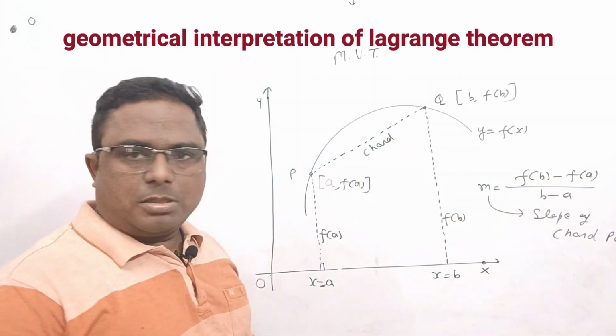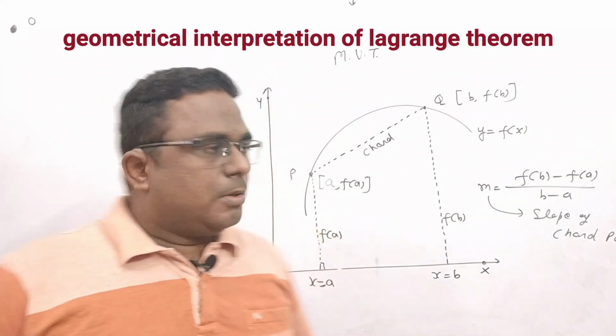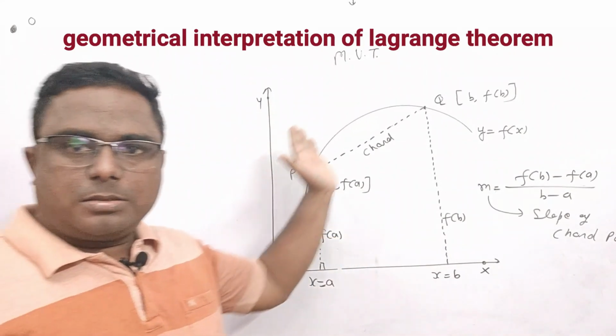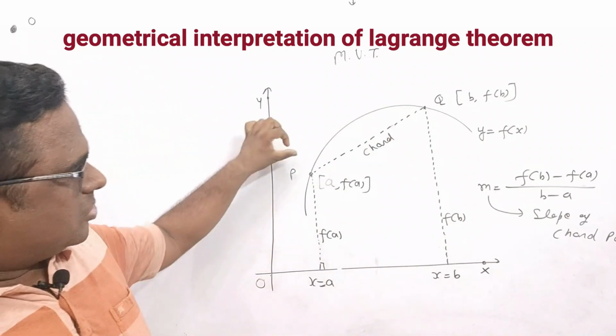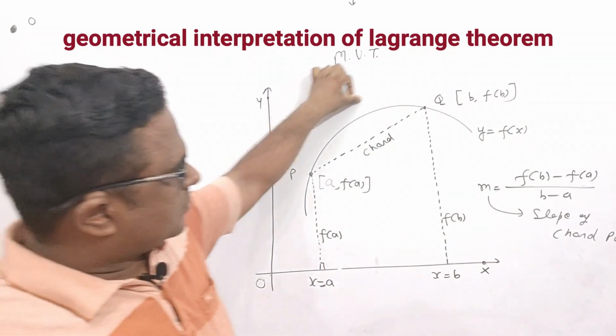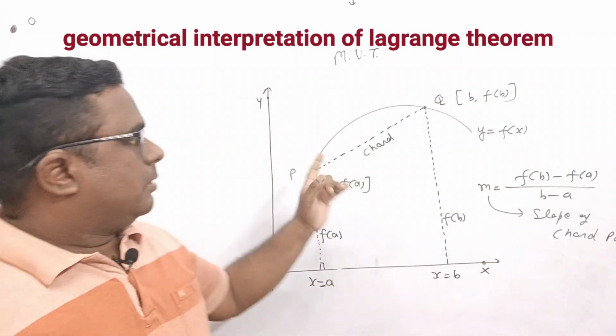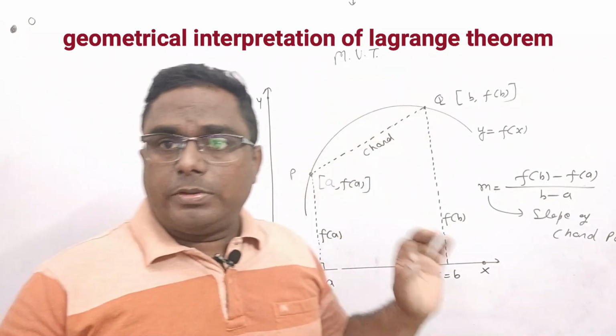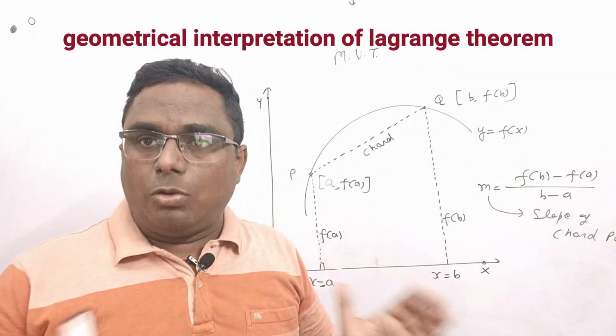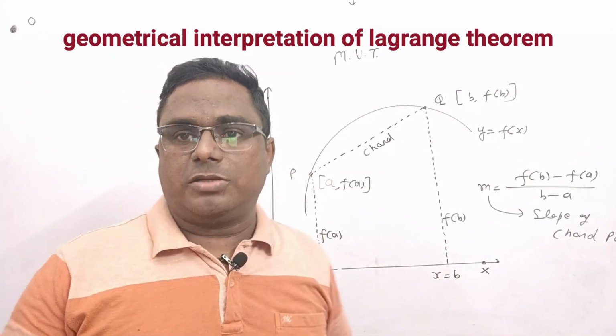Okay. Now let us come to the mean value theorem. You see that in this diagram, my function is continuous from P to Q. Why? Because between P and Q, there is no gap or hole in the graph of the function.